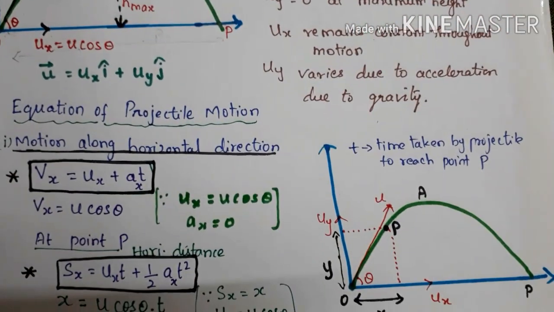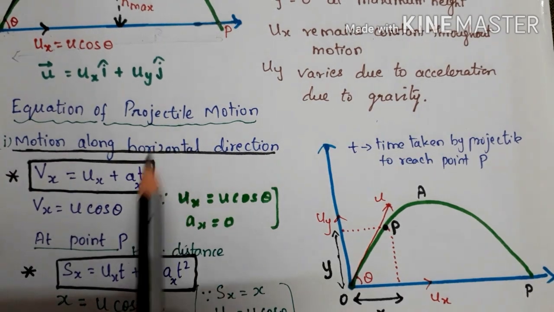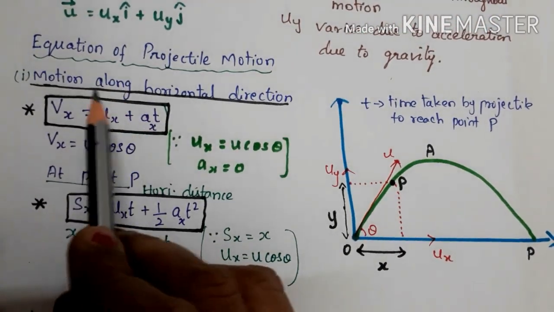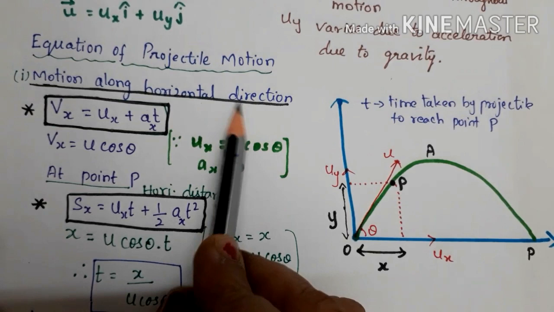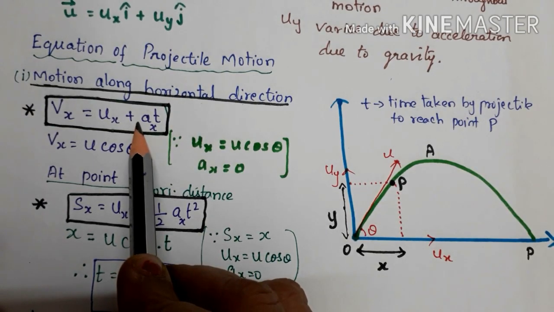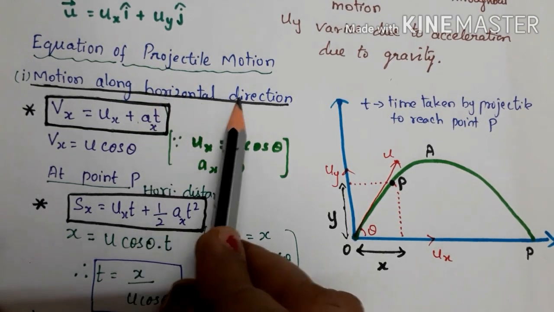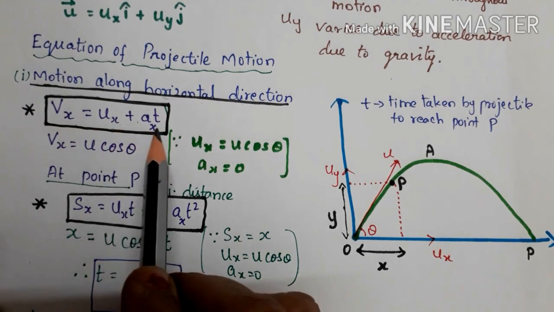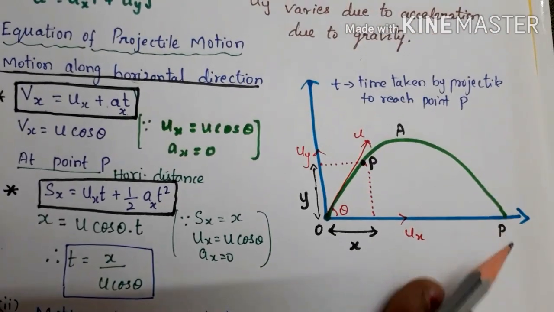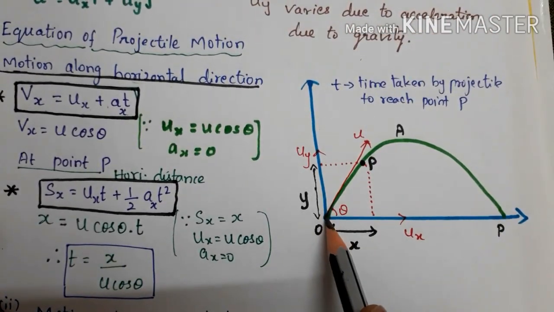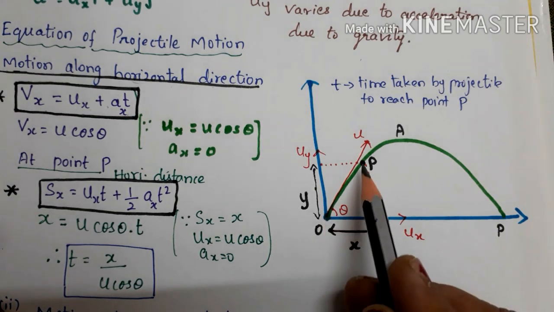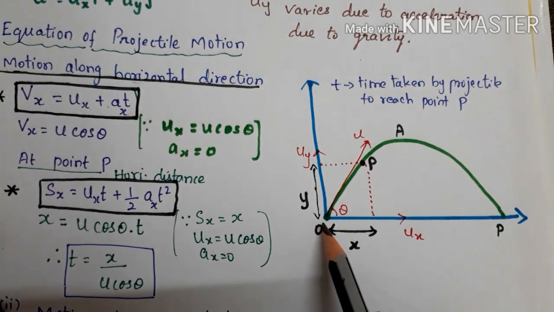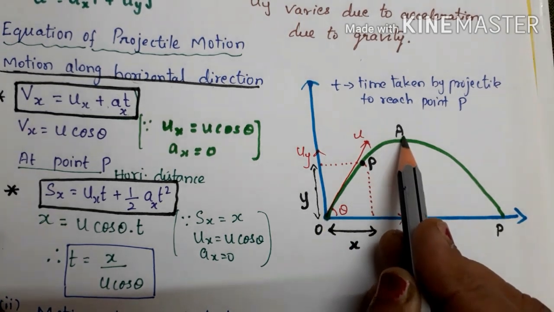As I already told you, for the equation of projectile motion, first you have to discuss motion along the horizontal direction. You are using Newton's equation v is equal to u plus at, along the horizontal direction, that means along the x-axis, right? Before that, consider this diagram. This is the point of projection, and this is the maximum height.